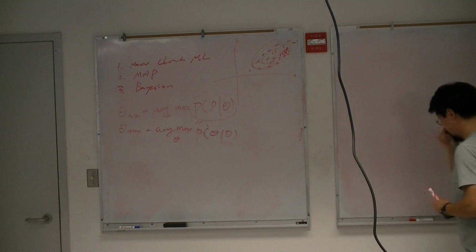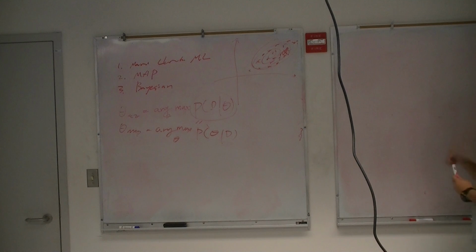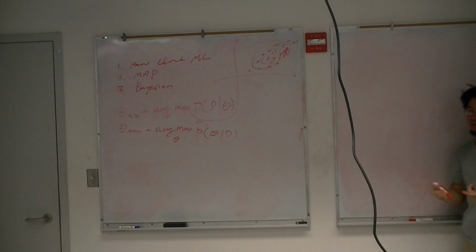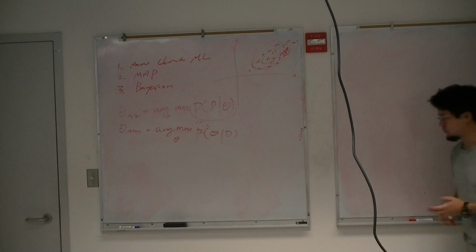So it turns out that a lot of distributions, such as Bernoulli, Gaussian, and you name it, are from the exponential family.